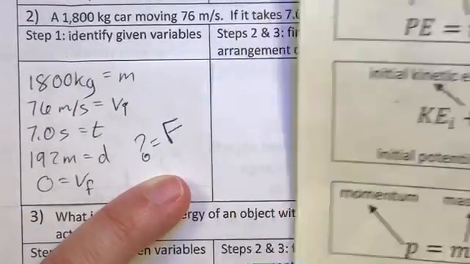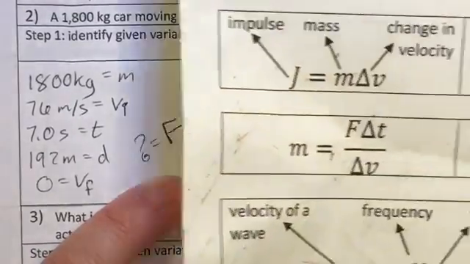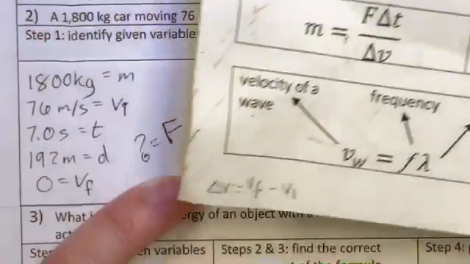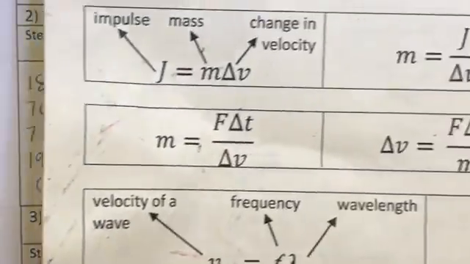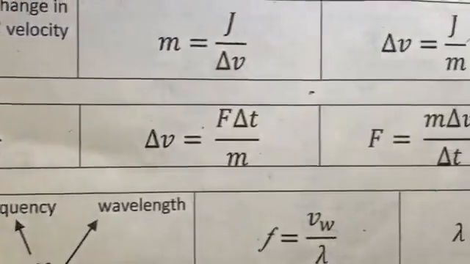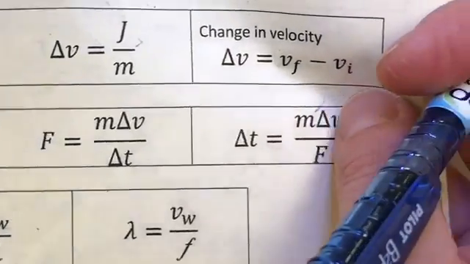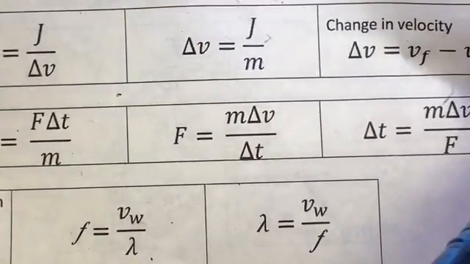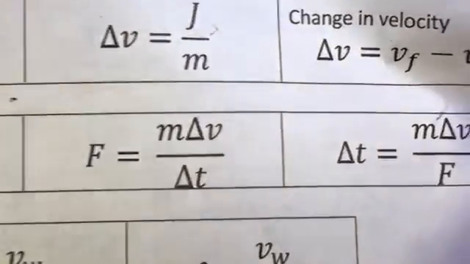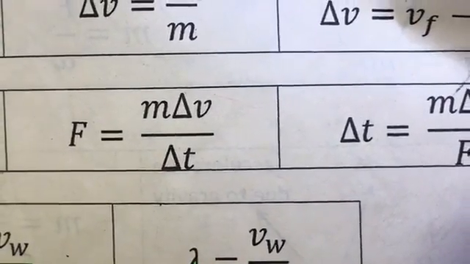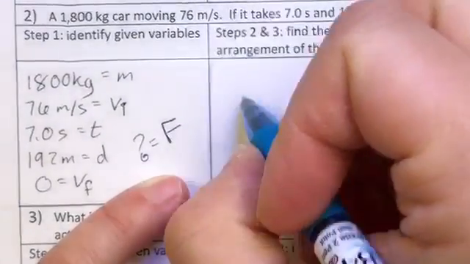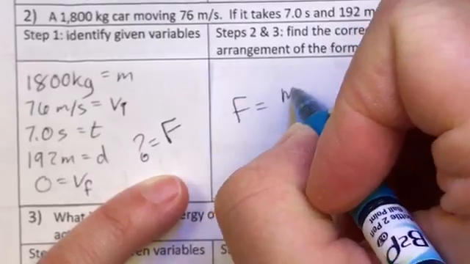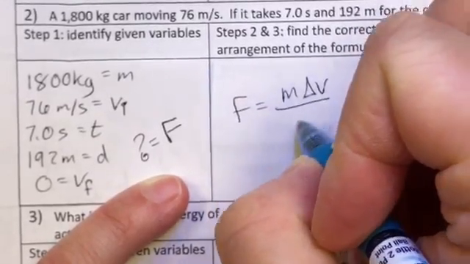Those are your classics, but we have another one down here talking about impulse. All right, we want to solve for force. We know mass, we know velocity, we know time. Force, mass, velocity, time. Bingo, right there. Okay, so force is equal to mass multiplied by the change in velocity divided by the time.